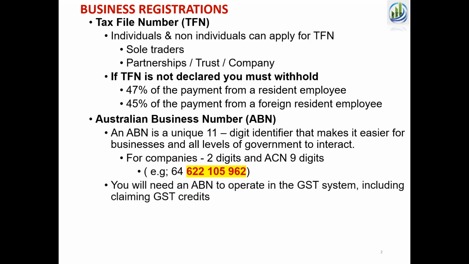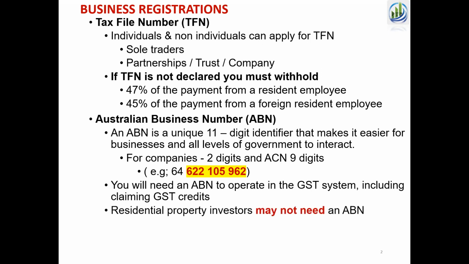And you will need the ABN to operate the GST system. If you want to communicate any business tax related matters with ATO, you are required to have an ABN. Any income tax related matters, TFN. We can create that ABN for any kind of business, sole trader or partnership or trust or company, through our tax agent license.